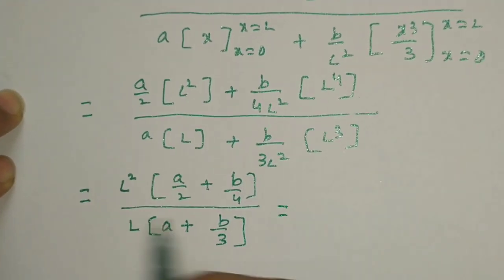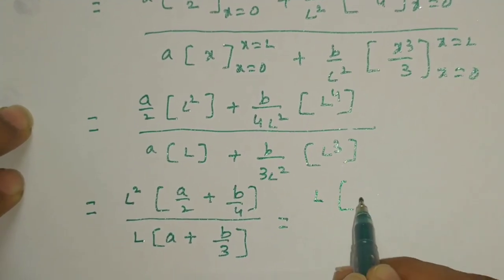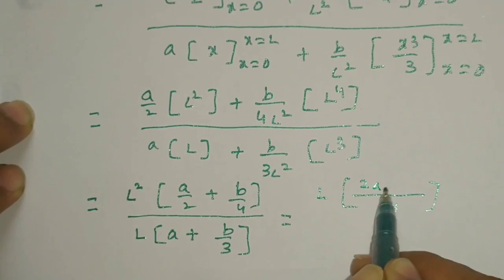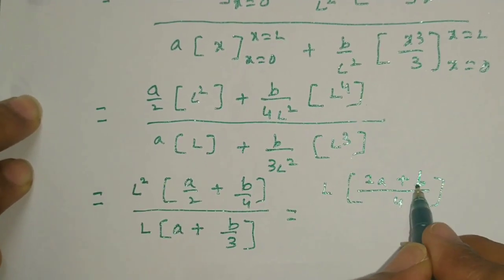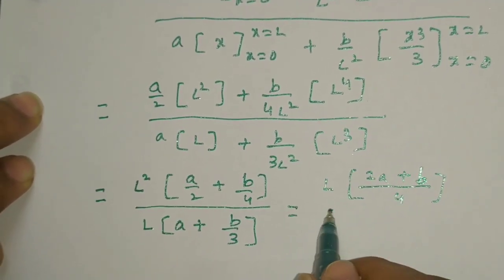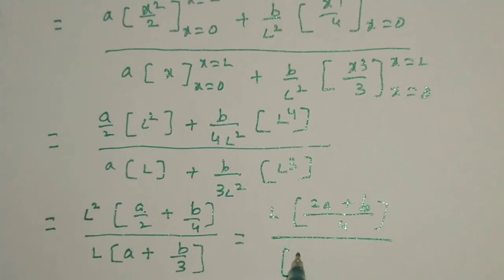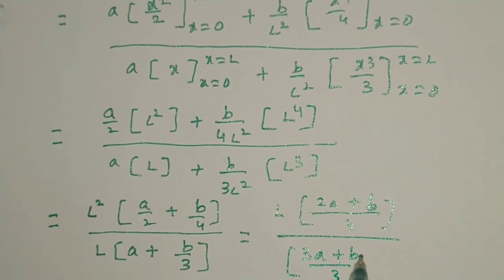So L squared by L means L in the numerator. Taking LCM 4 in the numerator, we get (2a plus b) divided by 4, and taking LCM 3 in the denominator, (3a plus b) divided by 3.